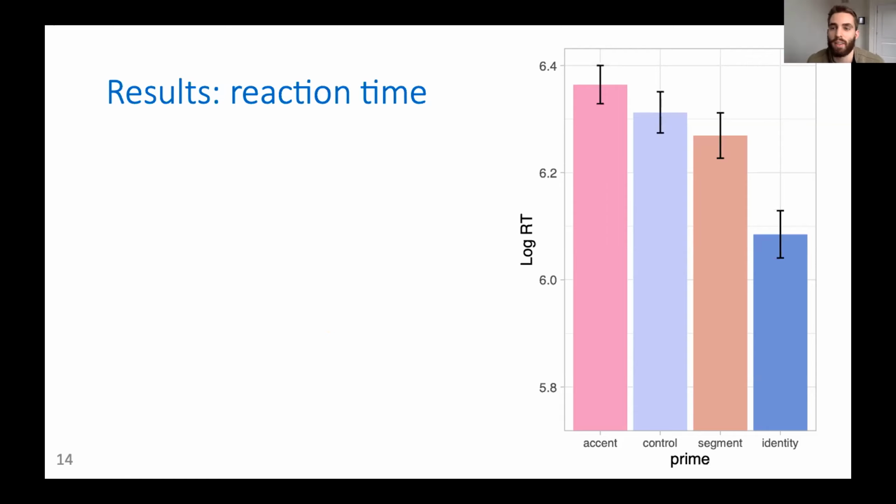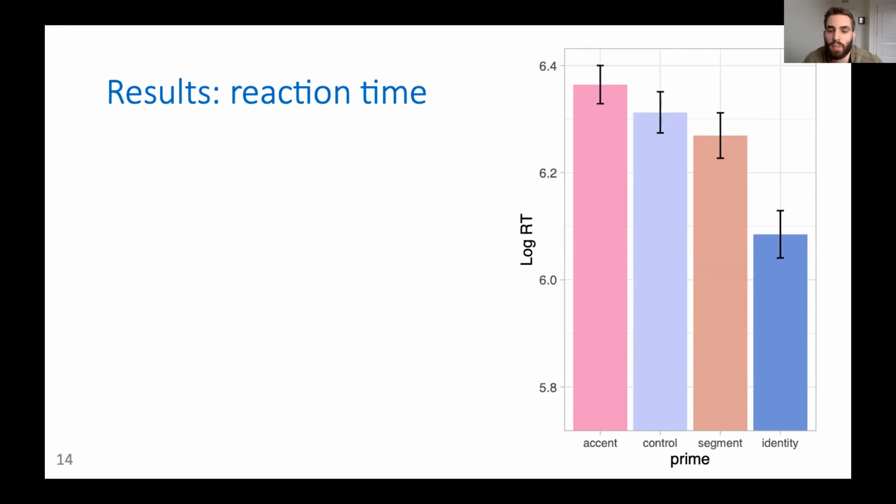Okay, so I'll take just a moment, for those of you who joined at the beginning of the session, to refresh your memory about our reaction time results, which you see displayed here. I'll then briefly talk about the accuracy results, and then I'll turn it back to Hiro to talk about our interpretation and discussion.